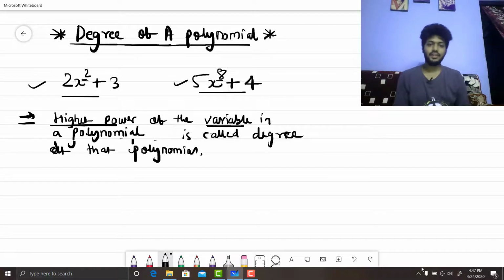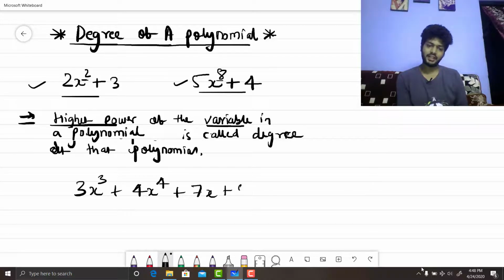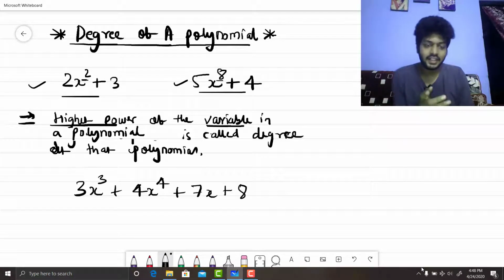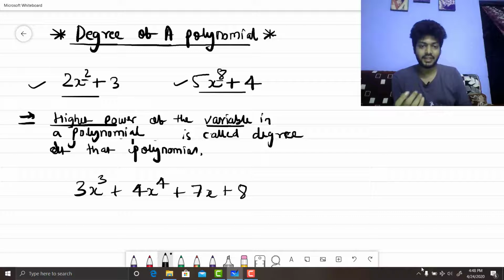So what if we have more than two terms that have the variable in them? Let's say 3x cube plus 4x to the power 4 plus 7x plus 8. Then what is the degree of this polynomial? Again read the definition, highest power of the variable. Here the variable is x. You just start checking where the highest power is.